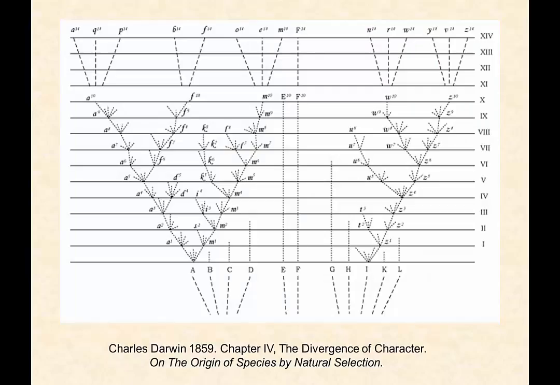And indeed, in the first edition of the Origin of Species, the only figure in the entire book is this tree figure, which is actually representing pedigrees, as in things like dogs and fathers and mothers and children of dogs. But this is the only tree diagram in the Origin of Species.